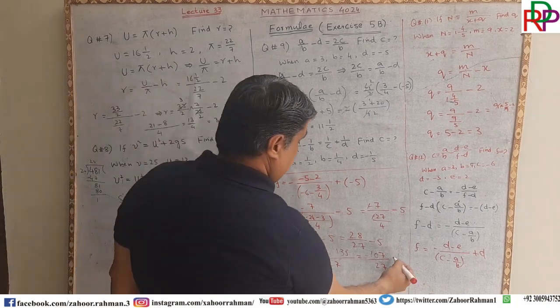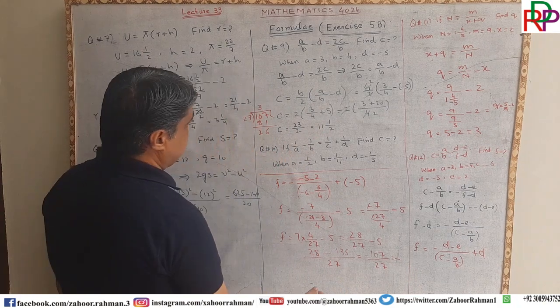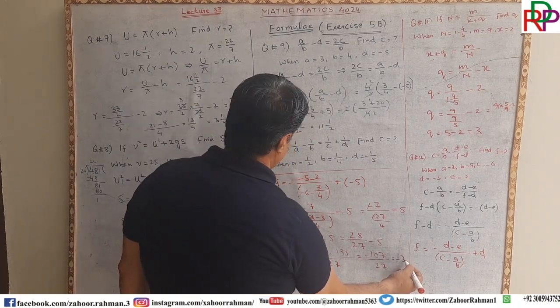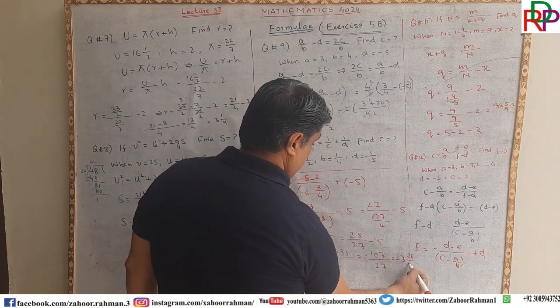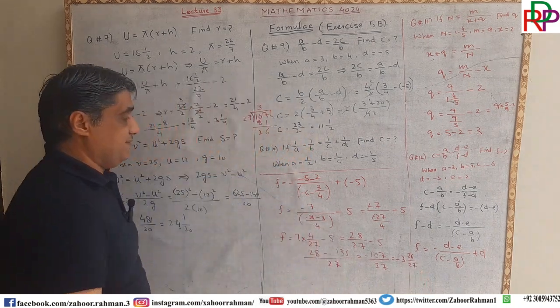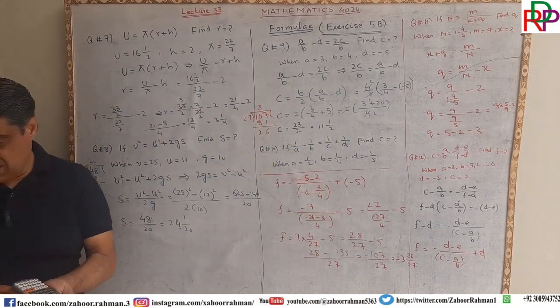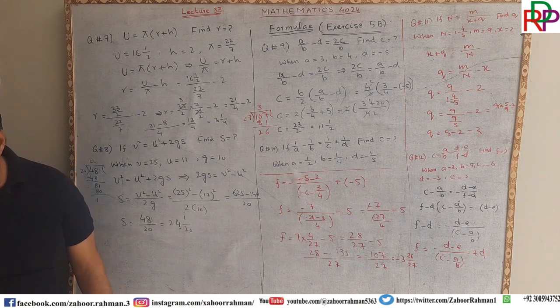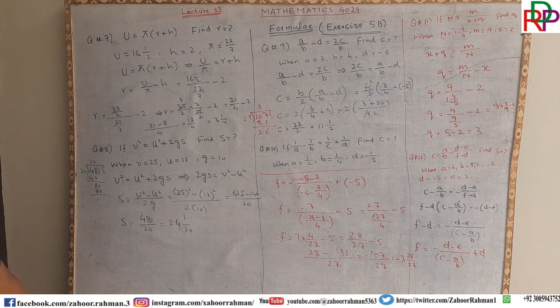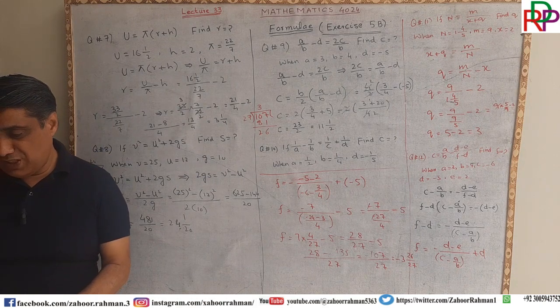So here we will write with the negative symbol 3 whole 26 over 27, and that is the ultimate answer of this question.